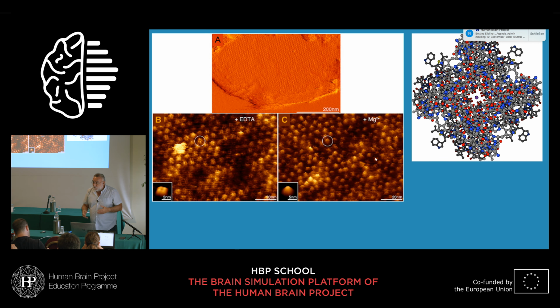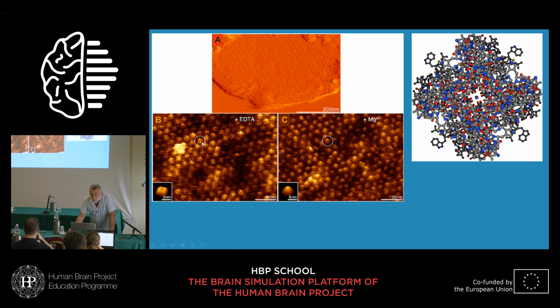We also need to put in active properties, because it is well known that every neuron, at least in the soma, has a set of ion channels. Ion channels are real holes in the membrane that let specific ions go in and out of the membrane. You can see here, in this particular case, I think it is a tunneling microscope picture of an NMDA channel.